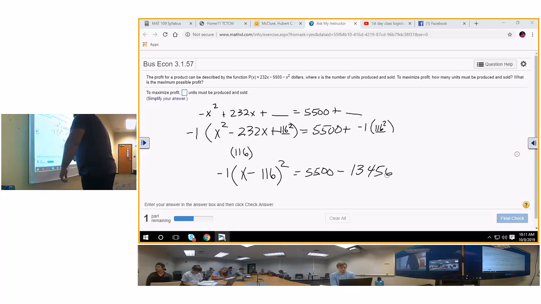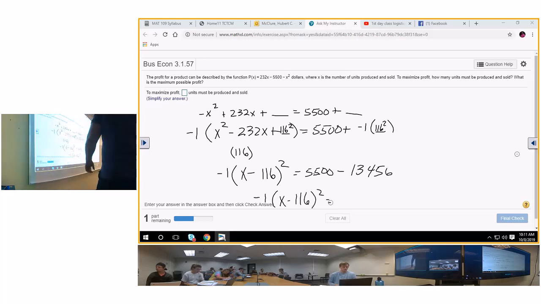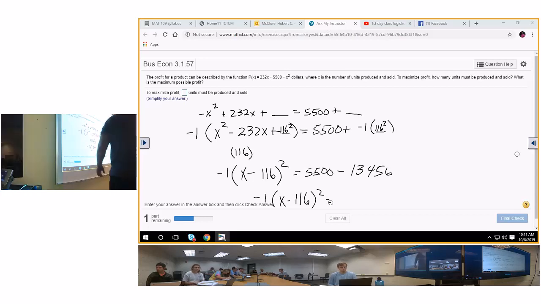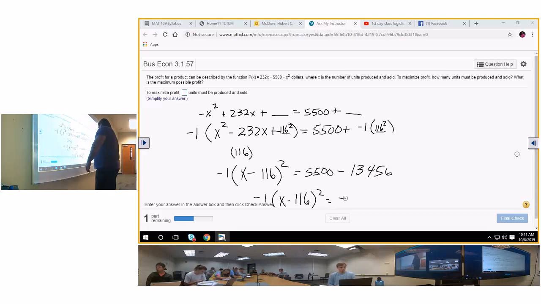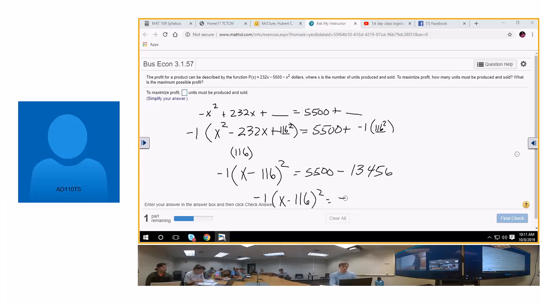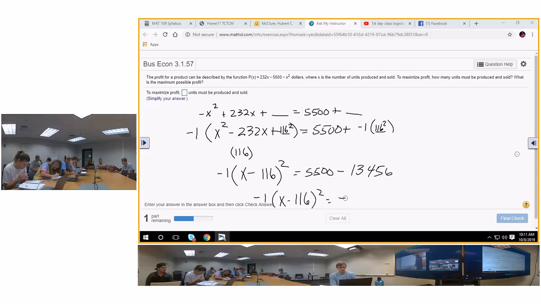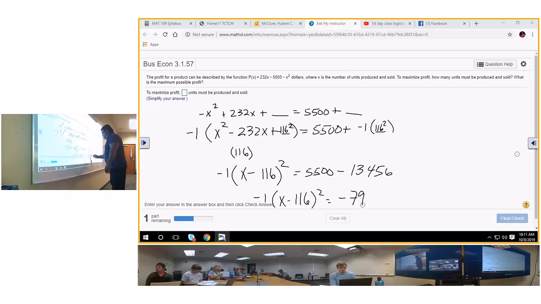So that's negative 1 times x minus 116 quantity squared is equal to 5,500 minus 13,456. I know it's negative. Just give me the number. 7,956. Did everybody get that?